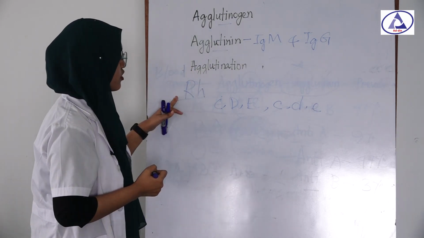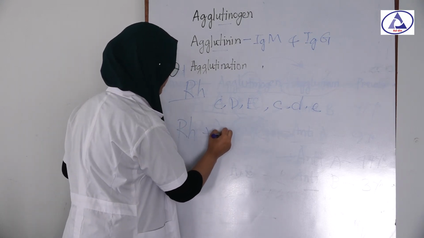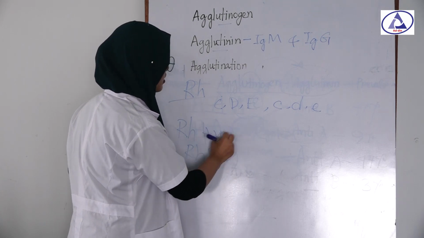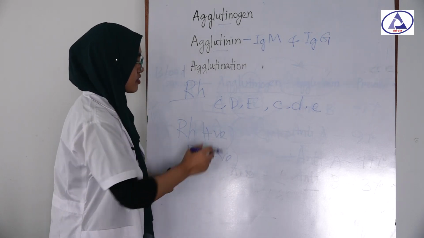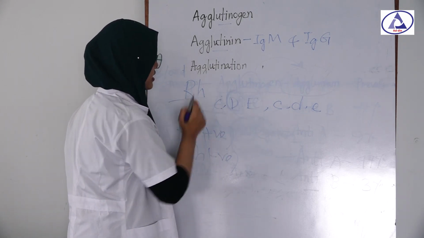We classify or group it as RH positive and RH negative on the basis of presence or absence of capital D or antigen D.